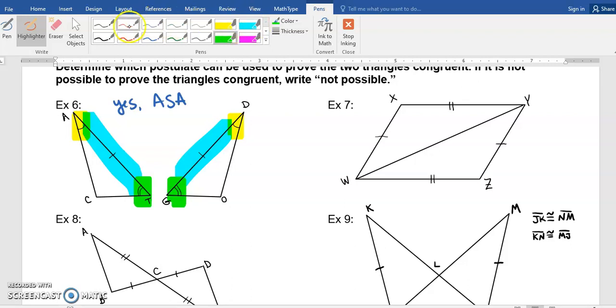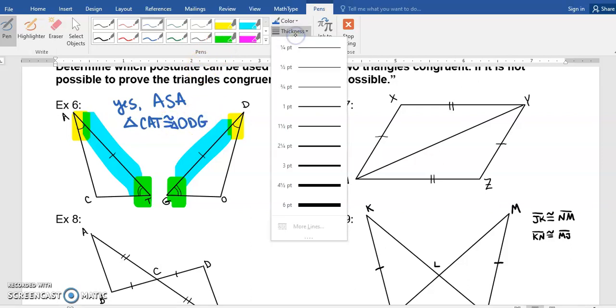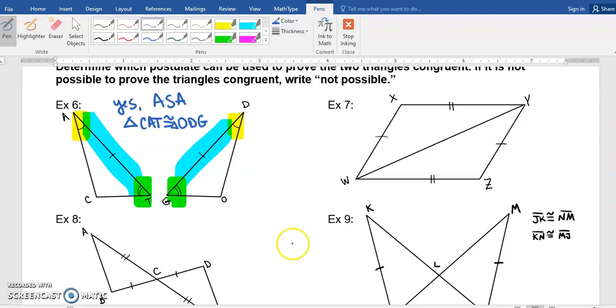And if I had to write out the statement, it would be triangle, if I go with cat. Here we go again. So C has to go with O, A has to go with D, whoops, there was the A again, and T has to go with G, and I forgot the triangle. Okay, I have to pause here and start a new one in just a minute.